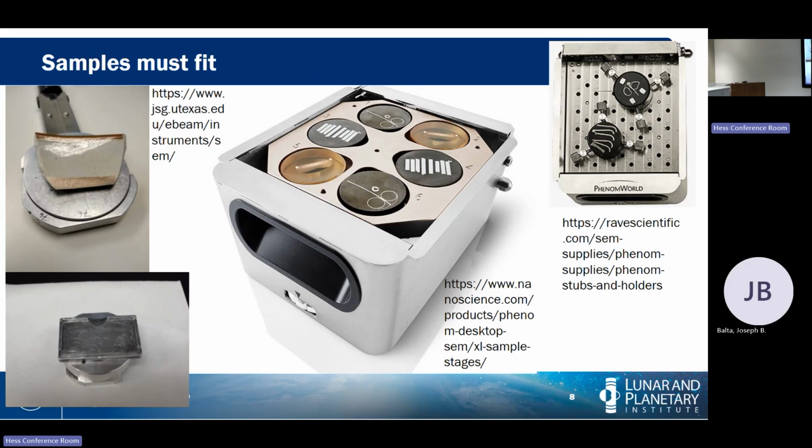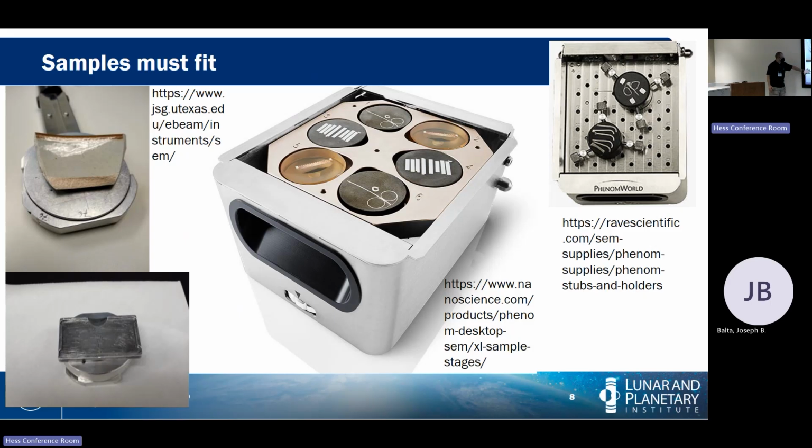A great number of both electron microscopes and microprobes are rigged with something like this, where either a 1-inch or 1.5-inch round disc can be stored in them. This can be done with thin sections, because many thin sections can be prepped on 1-inch round glasses, or you can literally take a chunk of your material and get it into a shape where it is prepped and at a 1-inch round size.